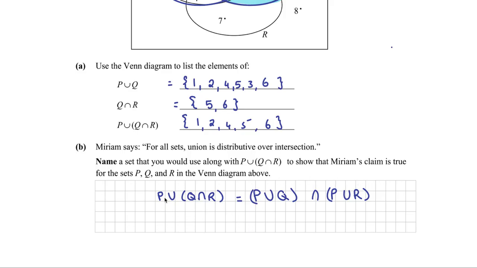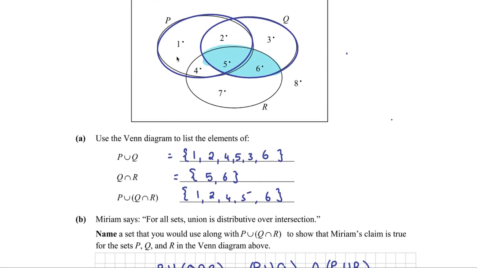So let's see if that's true. P union Q, if we listed those elements out, we have them here, look. 1, 2, 4, 5, 3, 6. We then want to list the elements of P union with R. So if we go back up, we've got 1, 2, 4, 5, 7, 6.